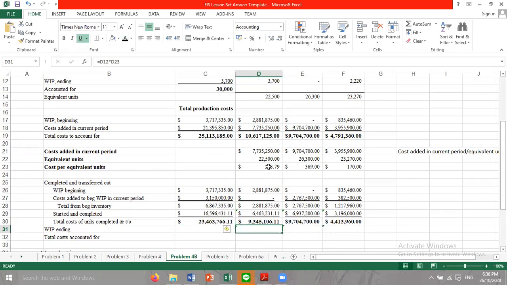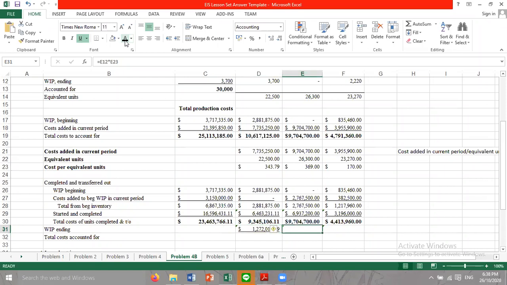Once again, same approach: multiply cost per equivalent unit by the equivalent units in the WIP ending. In this case, the equivalent units of transferred in cost in work in process ending is 3,700. We multiply it by 343.79 and we'll get 1,272,018.89.